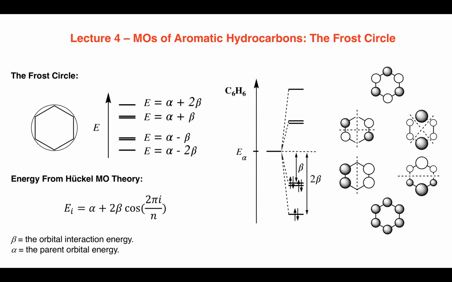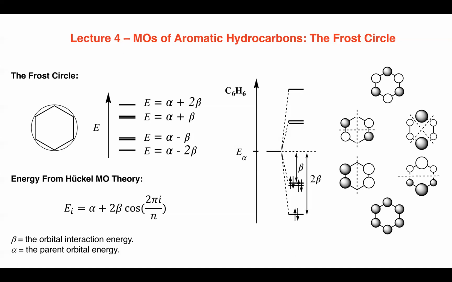Notice the betas labeled on the diagram here are still 1 beta for the HOMO relative to E alpha, and 2 beta for this totally bonding combination down there at the bottom. Now, physical organic chemists teach this thing called the Frost circle.